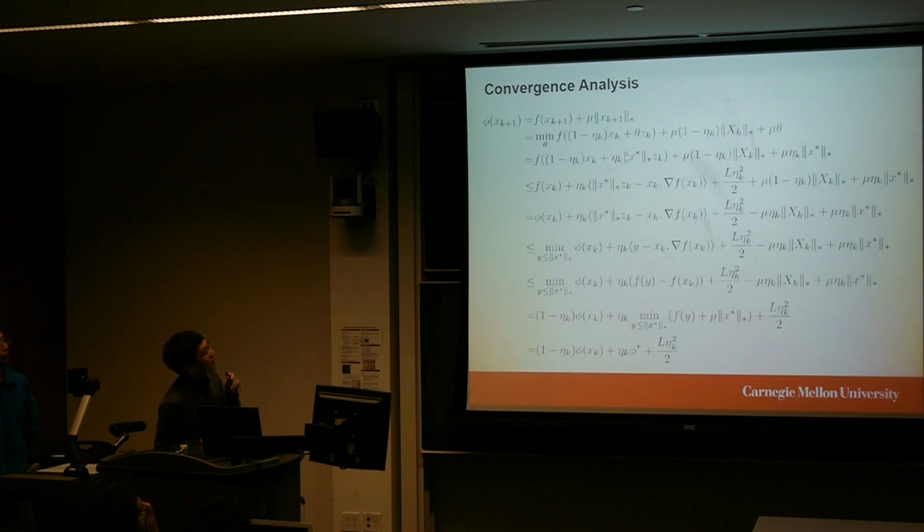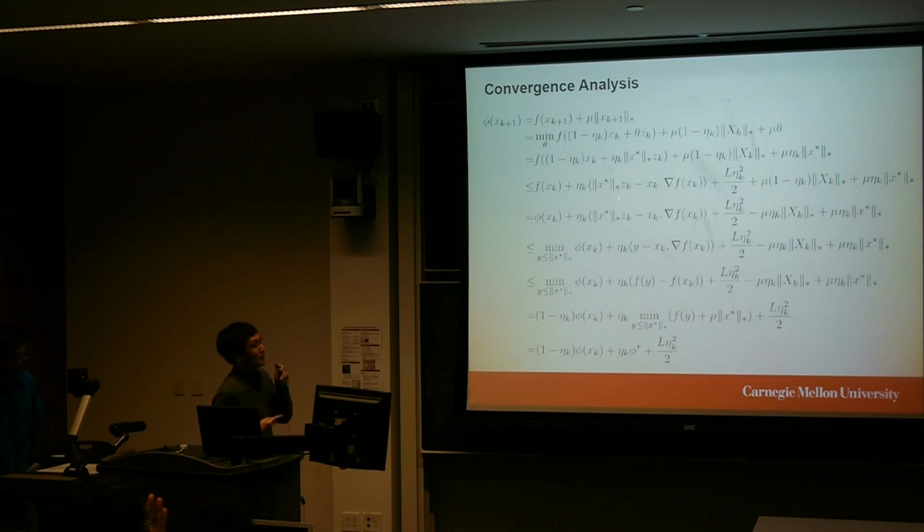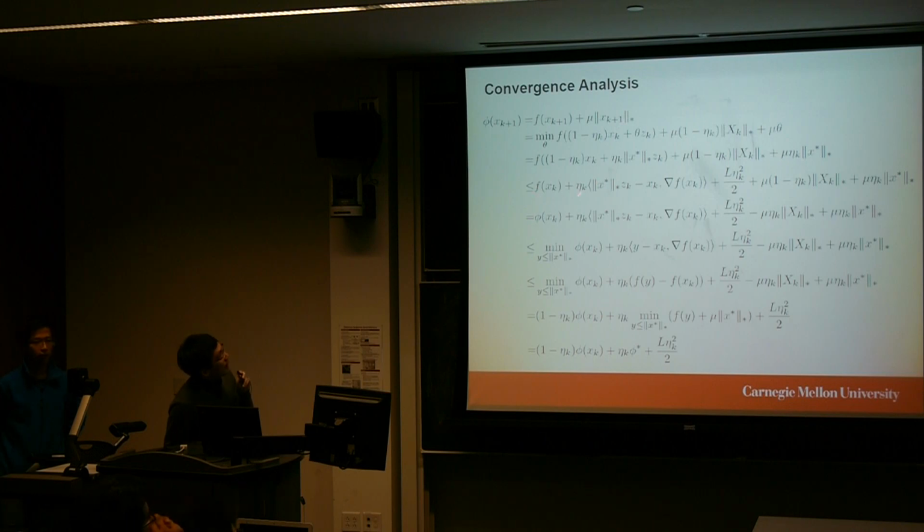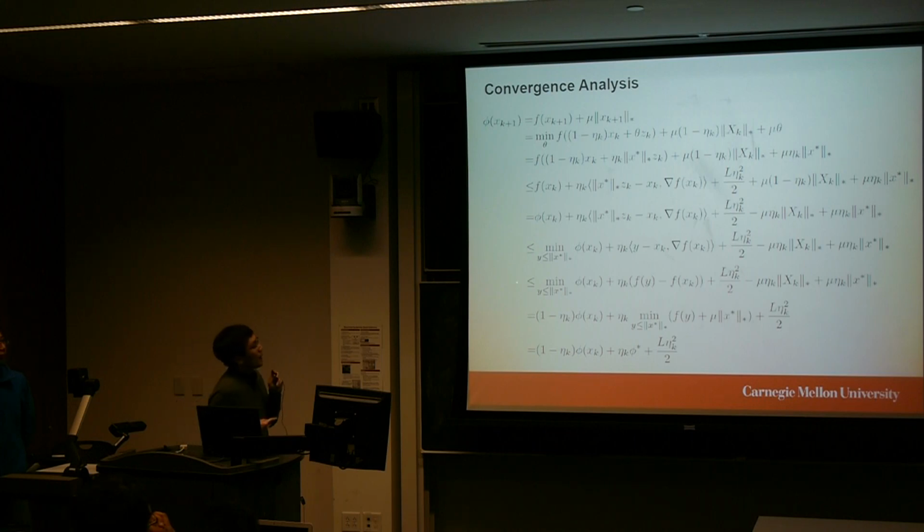Replace theta with eta k times x star, where x star is the optimal point. By the assumption, we have this term. And by rearranging the terms, this line equals this line.